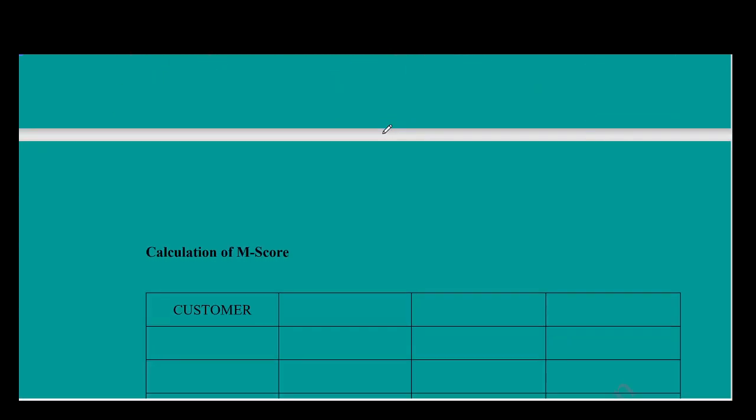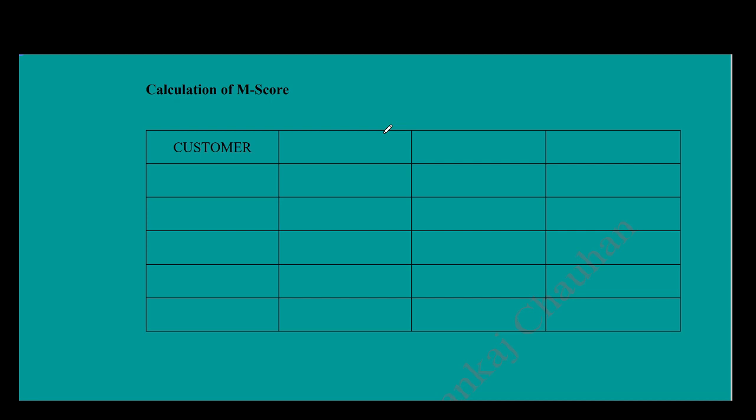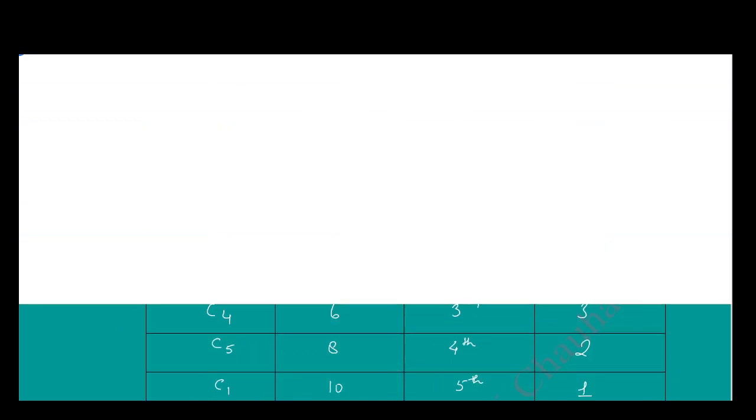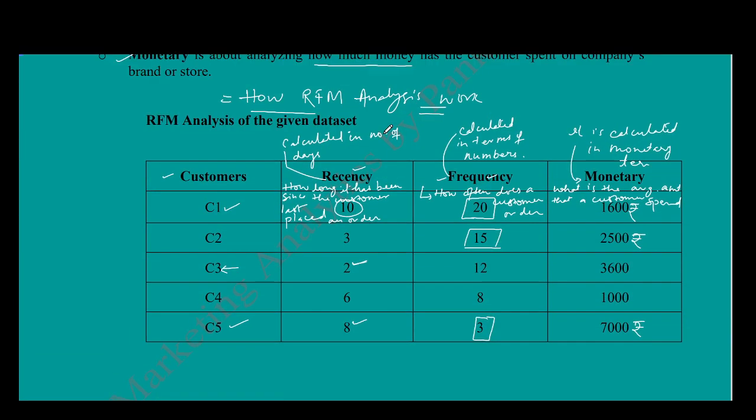Last is the monetary. Of course, in this case, I'll refer to the amount they spent during their purchase. So monetary. If you can refer, you can see that the maximum amount was spent by customer C5.